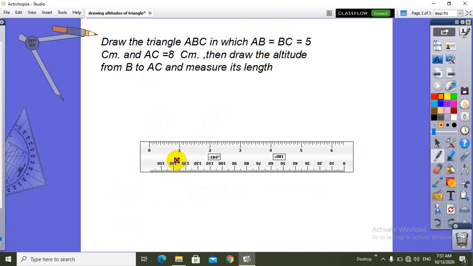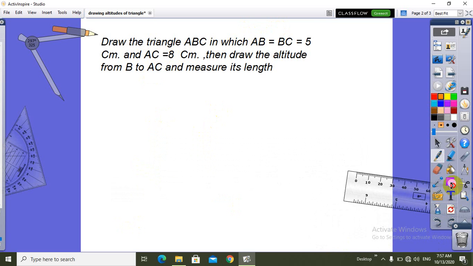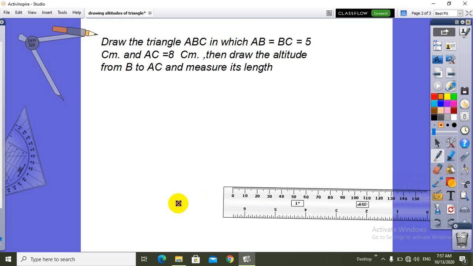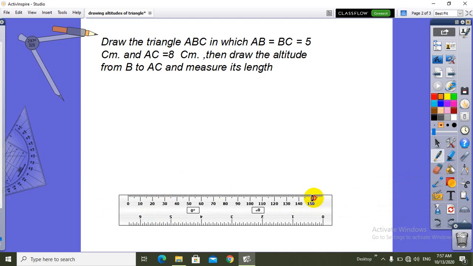But I turn this ruler because I haven't space here. I want to draw the first side. By using the pencil, I will draw this AC equal 8 cm.